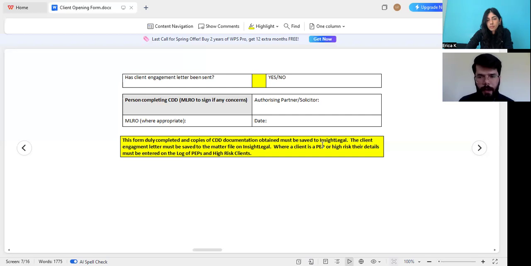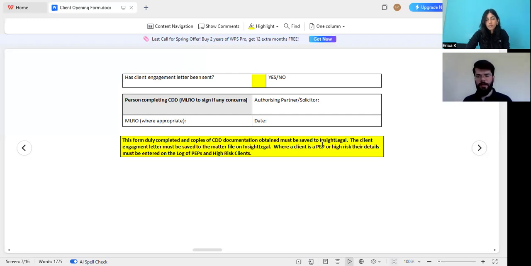Where a client is a PEP or a high risk, their details must be entered on the log of PEPs and high risk clients. Now, there should be a log of PEPs or high risk client matters with the law firm, and you should list it down in your law firm for any further matters that come for the law firm.